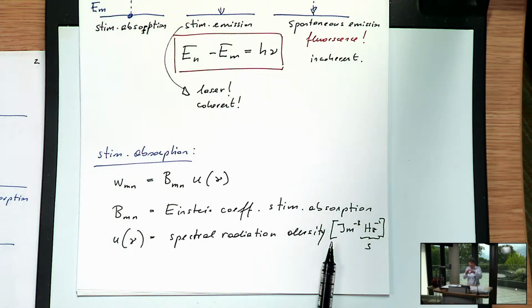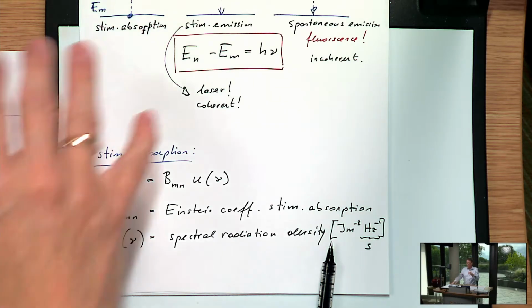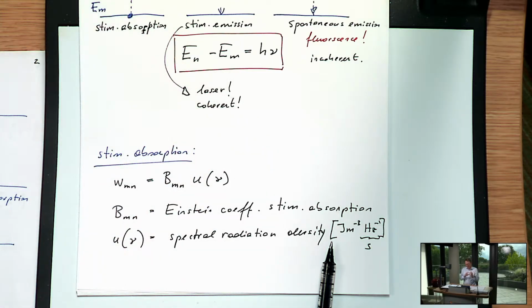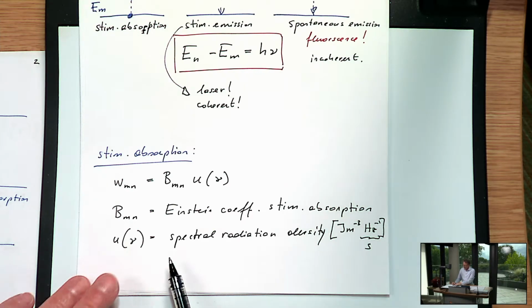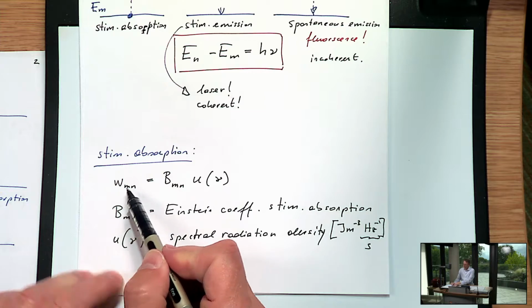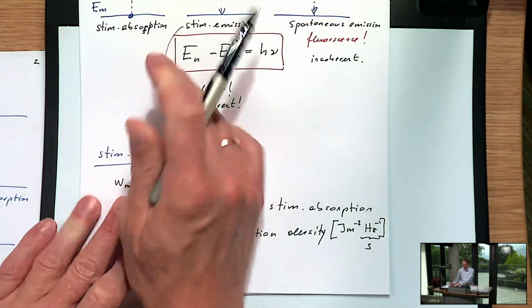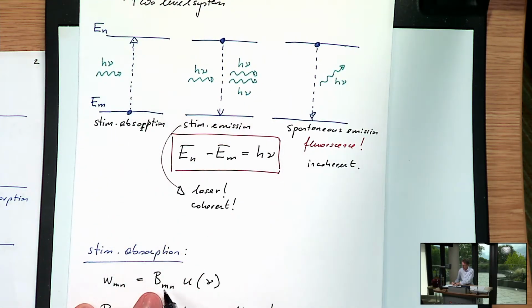So if you have a volume of molecules, they're all in the ground state, and you flood them with light, and the energy density is u of nu, joules per cubic meter, per spectral frequency interval, then the rate at which a molecule will be excited up per second is given by this Einstein coefficient for stimulated absorption, Bmn times u of nu. So that's for a single molecule, the rate at which this will happen.